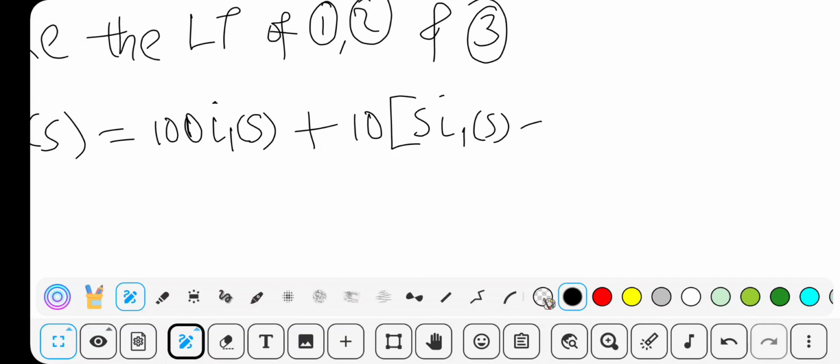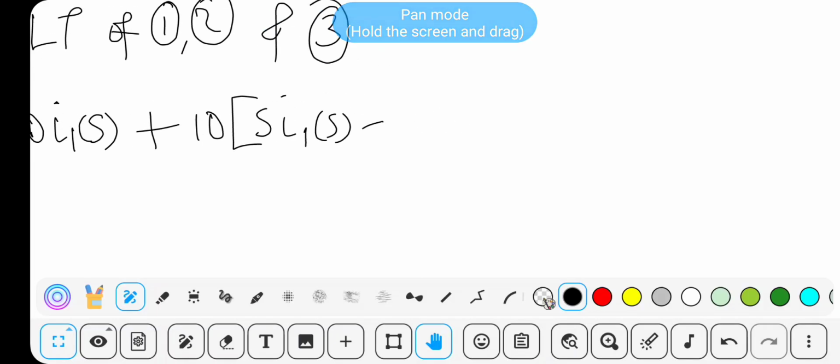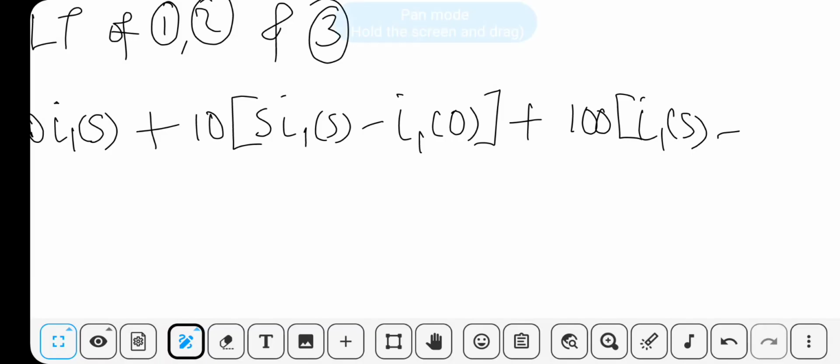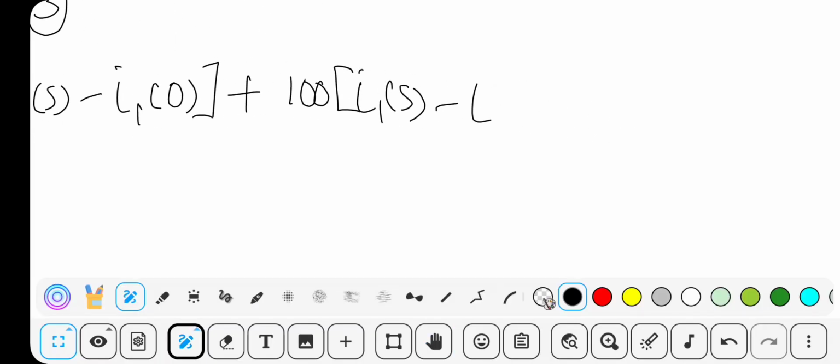I drop the Laplace transform of a derivative in the post section so you can check it out. I1 of s minus I2 of s.